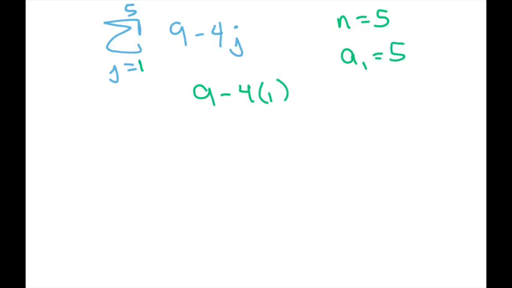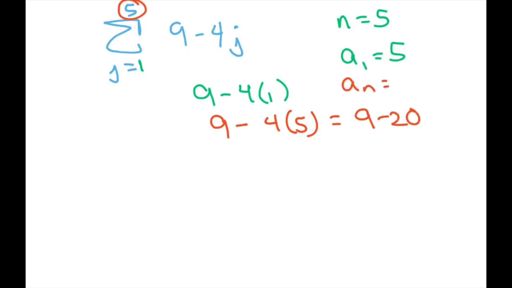That equals 5. And your last term, or nth term, is j equals 5, so 9 minus 4 times 5, which is 9 minus 20. Your last term is going to be negative 11.